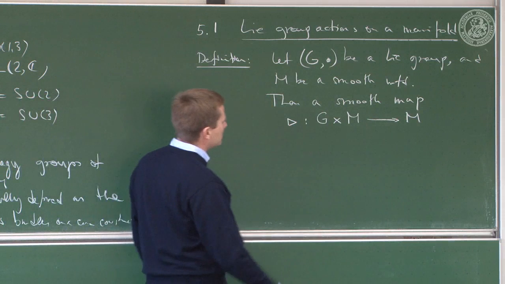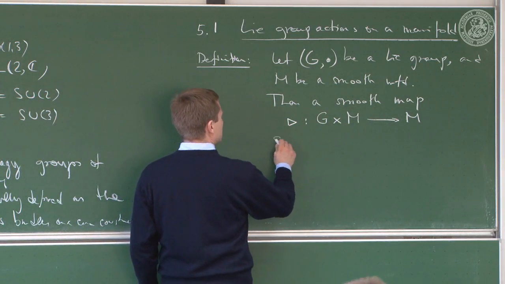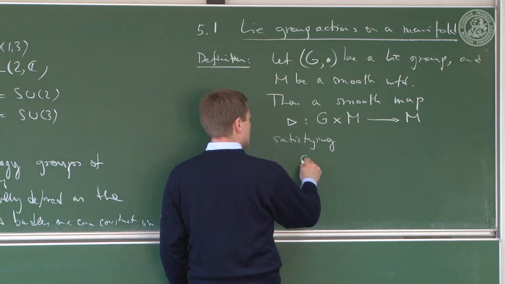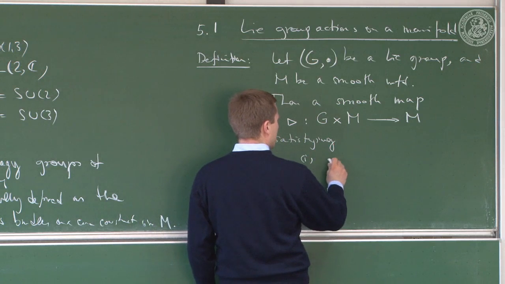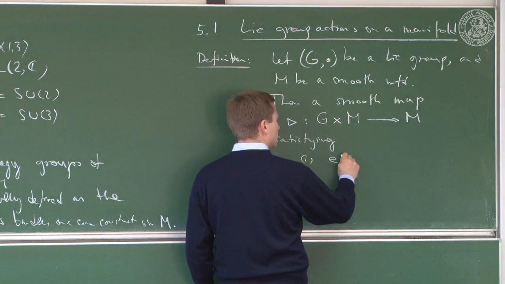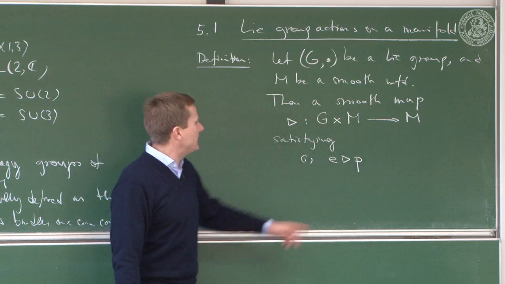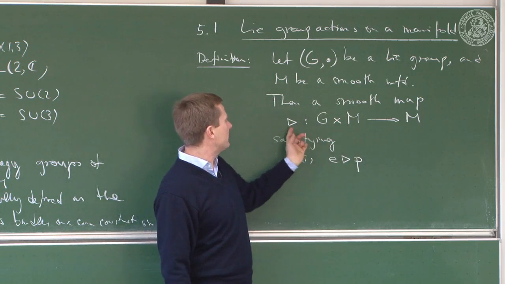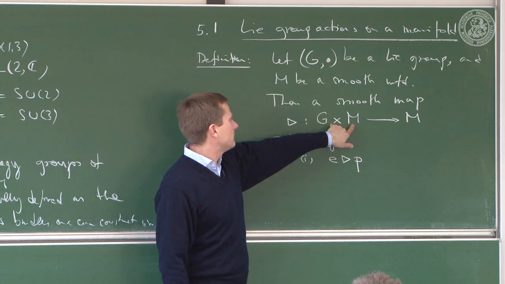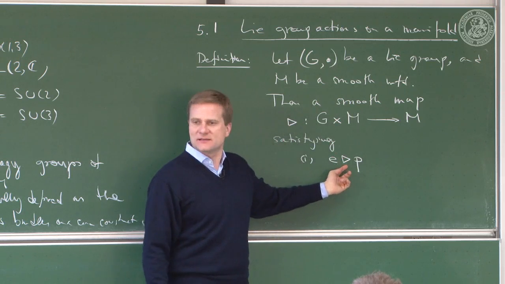Then a smooth map, G times M to M, satisfying two conditions. First of all, if I take the identity in the Lie group and let it act on a point P in M, like so, often if a map depends on two arguments, it goes from a Cartesian product to somewhere, we put this in between there.